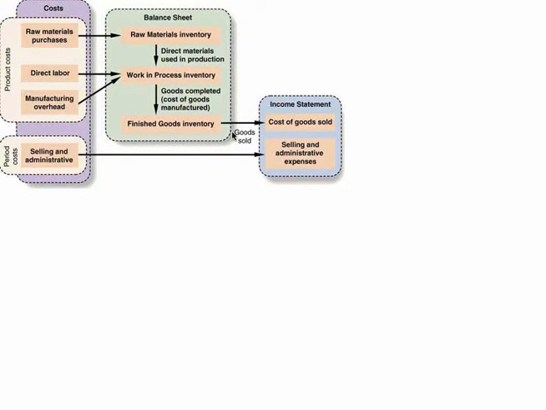Now, in the book, they will give you something like this, where they show you that costs flow basically from the balance sheet here on this left side all the way to the income statement through three inventory accounts. So as we said before, there's raw materials, there's direct labor, and MOH, and that goes into the balance sheet this way.